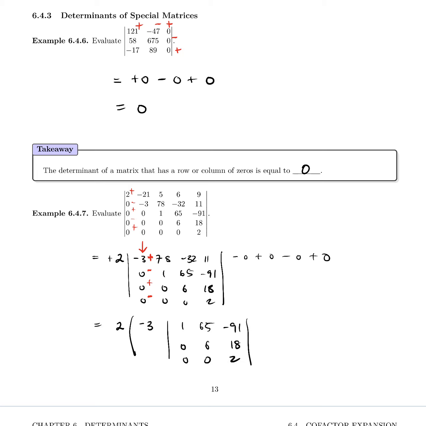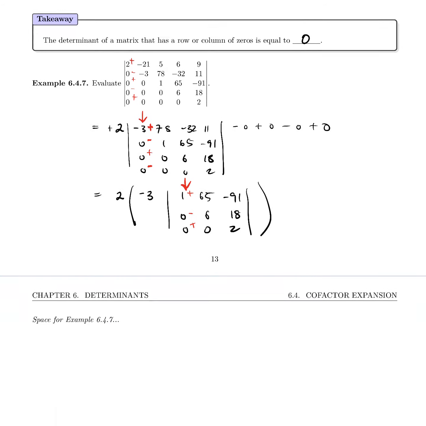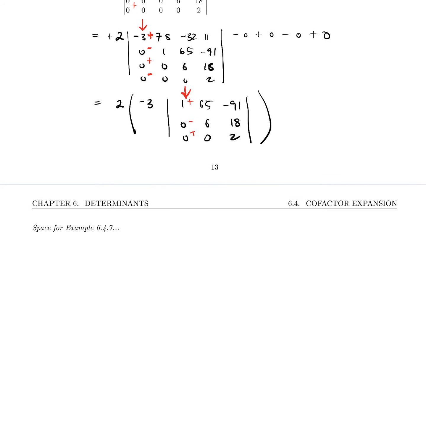Now this is a 3 by 3, so in theory we could do Sarrus's rule, but I am on a roll here. I have the same pattern again. It's getting smaller and smaller, so I am going to go right down that first column again with cofactor expansion. So plus, minus, plus. Again, these are irrelevant to me because I know I'm going to end up multiplying by 0, so I'm not even going to bother writing them.